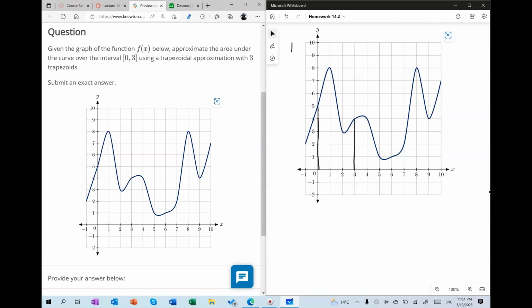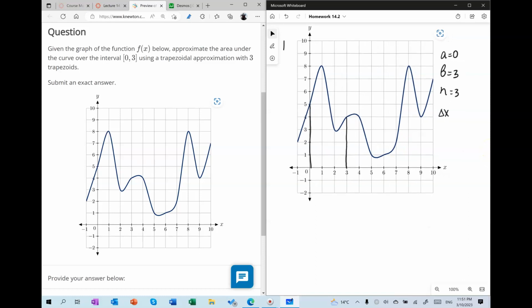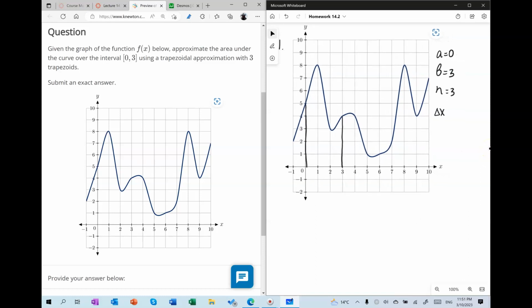And n is equal to 3, so if a is 0, b is 3, and n is 3, then delta x can be found using this formula. And in this case, 3 minus 0 over 3 is just 1. So we can create this partition x0, x1, x2, and x3.